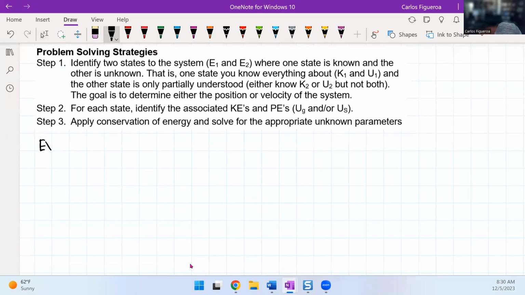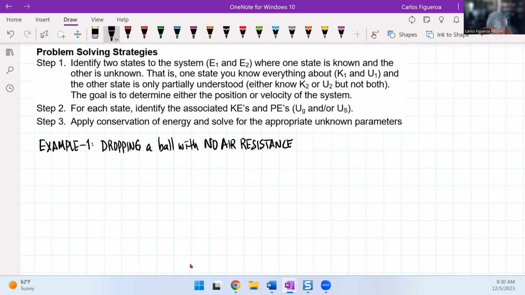So let's call this example 1. What we're going to be doing is dropping a ball with no air resistance. So what am I going to do here?